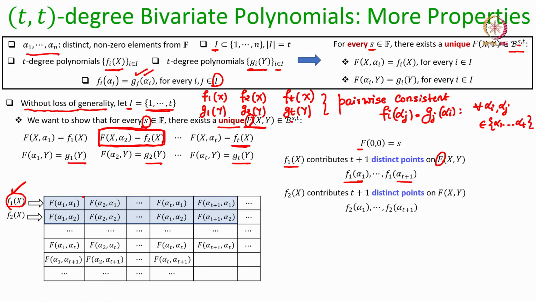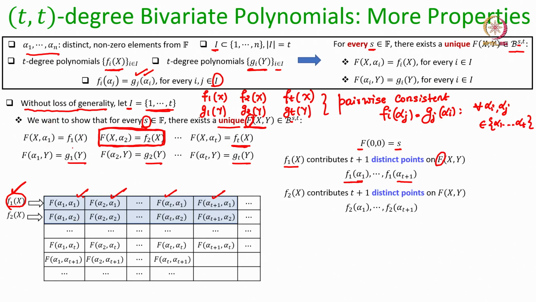So, basically what I am trying to do here is find out how many points on that unknown bivariate polynomial you are fixing because of the various constraints. We have fixed the constant term because of the constraint that alpha 1, f 1 x should lie on that unknown bivariate polynomial. We have set the first row of this matrix consisting of t plus 1 points like that.